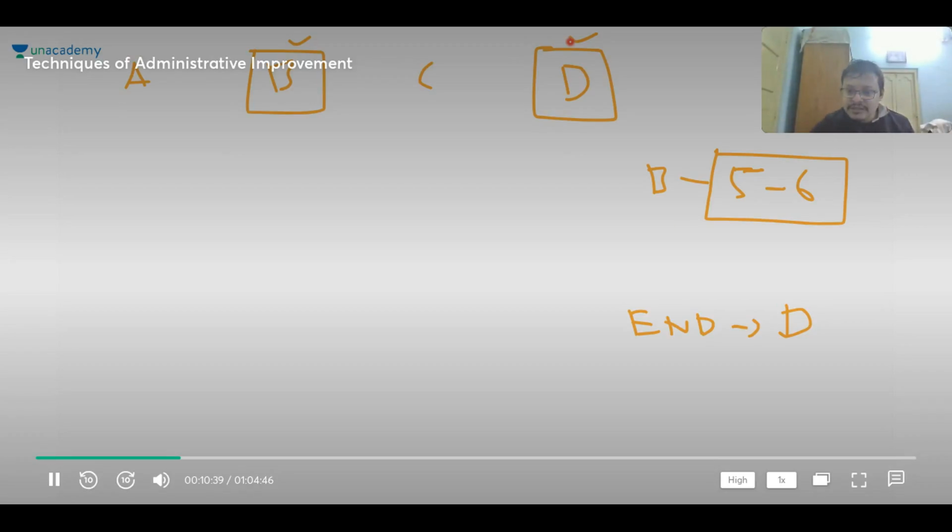In fact, since D comes at the end of the passage, you will remember D ahead of B and you might be tempted to mark D. But remember, the correct answer in all such questions will always be option B, which is mentioned in those 5-6 lines.